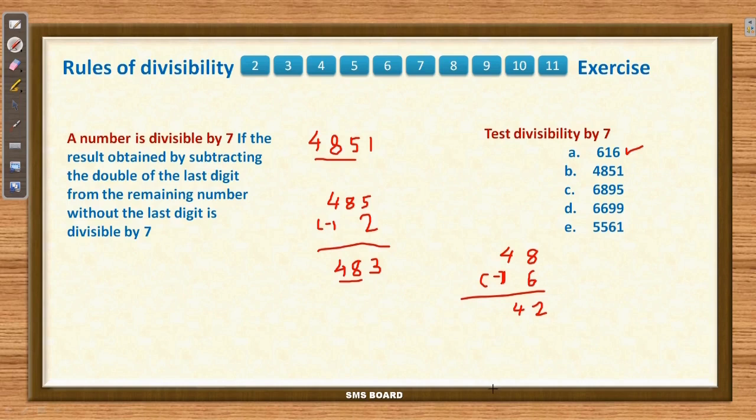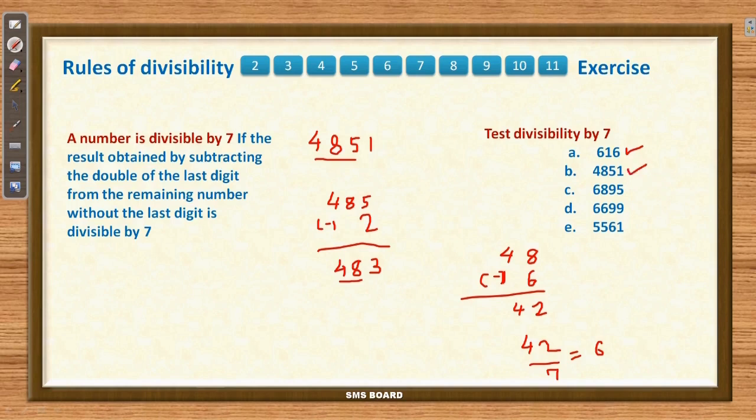Now we got the answer 42. 42 divided by 7 is equal to 6. So 42 is divisible by 7, so this number is divisible by 7.